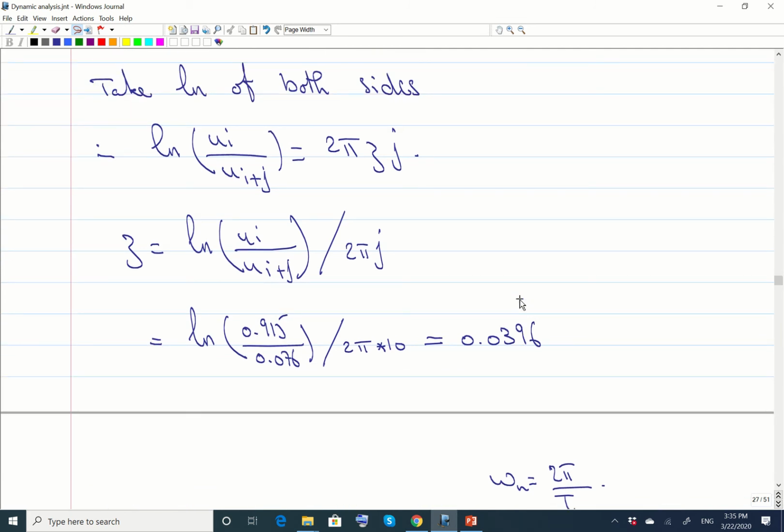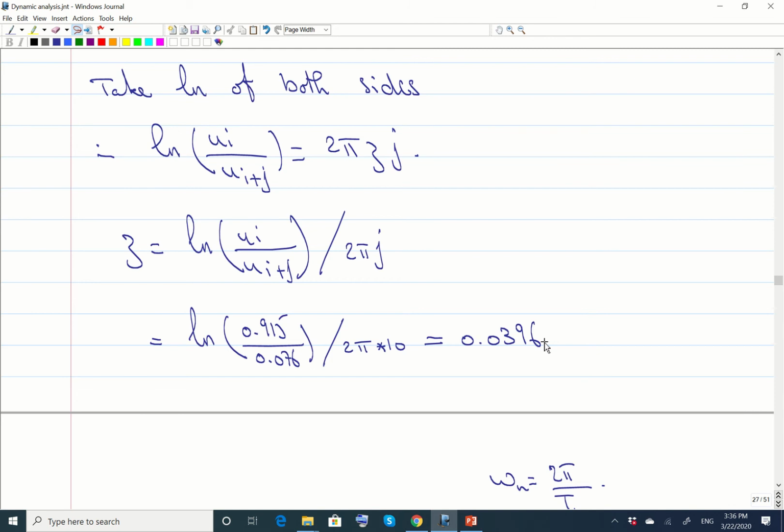So for square root of 1 minus zeta square, when you square zeta, 0.04 squared, let's get the calculator, 0.04 squared is going to be 1.6 times 10 to the power negative 3. 1 minus that value, 1 minus the answer, is 0.9984.